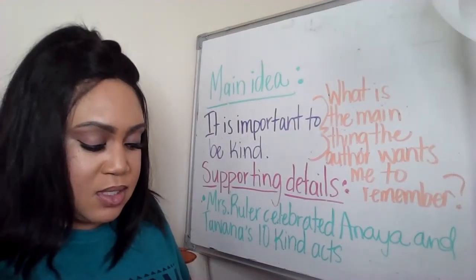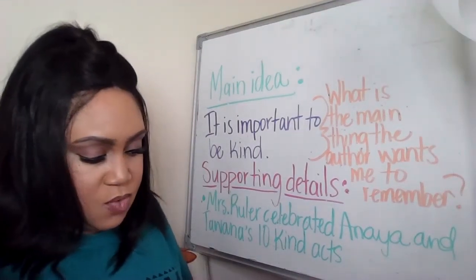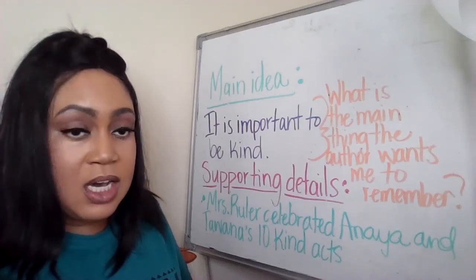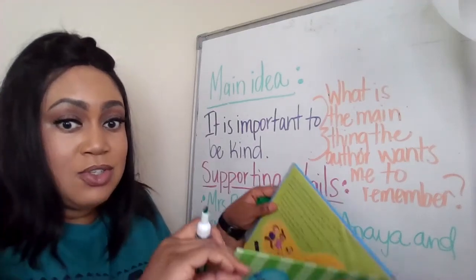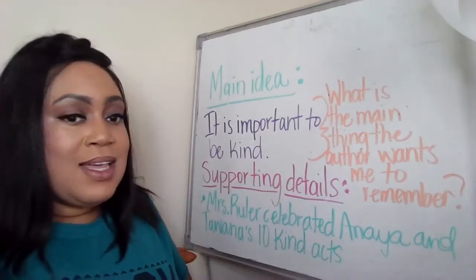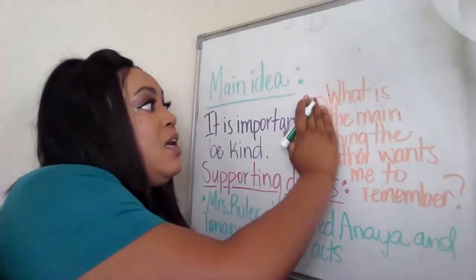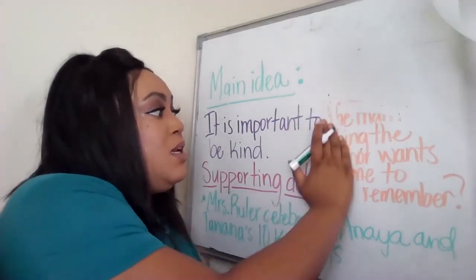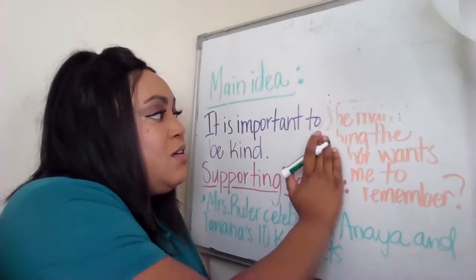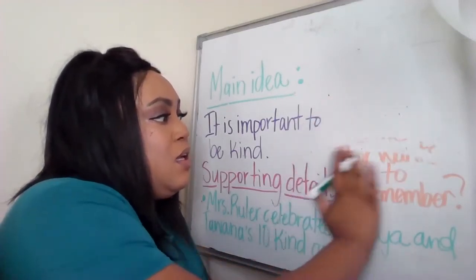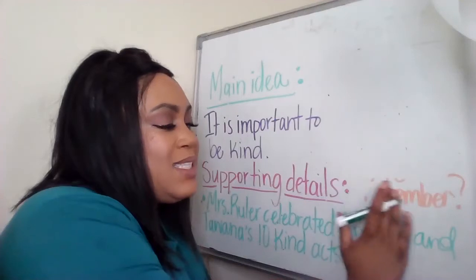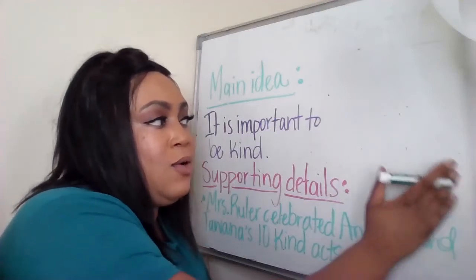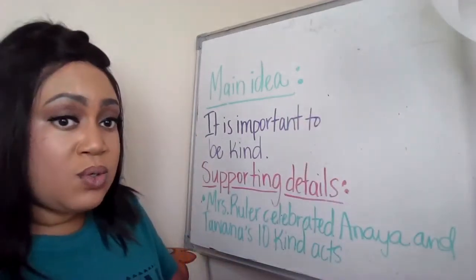What about the next day when Roccoletta invited Connor over for a play date? I'm pulling it straight from the text. The next day, when Roccoletta invited Connor over to play, although that's not a supporting detail, that's just a detail of the story.